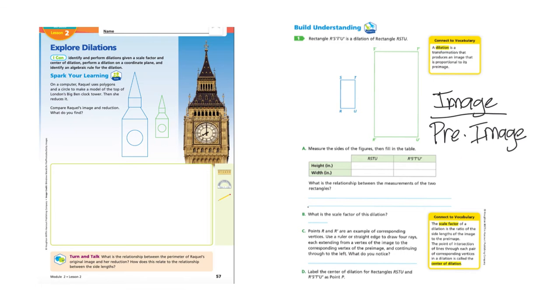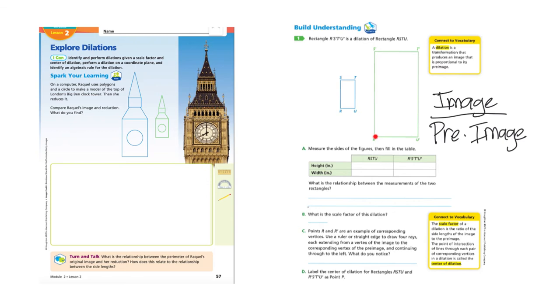ratio. And then the point of intersection of lines through each pair of corresponding vertices in a dilation is called the center of dilation. So you're going to use that here in C. Points R and R prime are an example of corresponding vertices. Use a ruler or straight edge to draw 4 rays, each extending from a vertex of the image to the corresponding vertex of the pre-image. So for example, here's R prime.